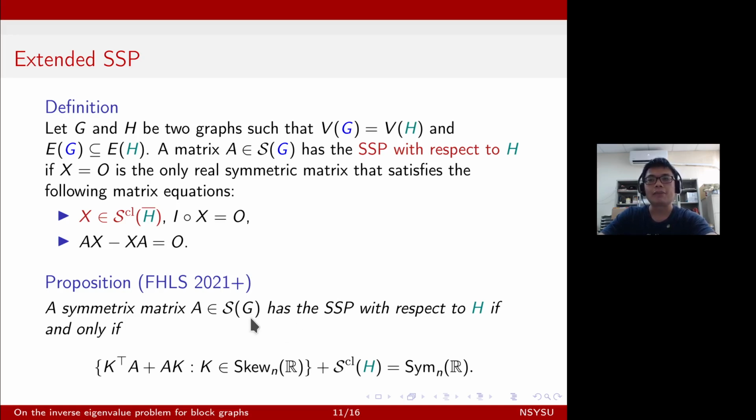Previously, SSP was saying we are only allowed to perturb those entries in the support of A. But now, suppose we are willing to perturb more and more entries in a greater support. Then this is called the SSP with respect to a greater support.